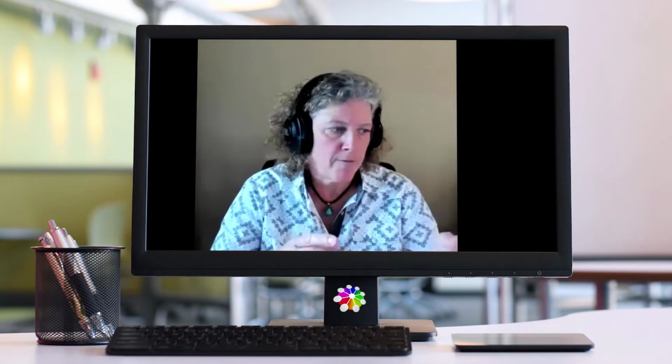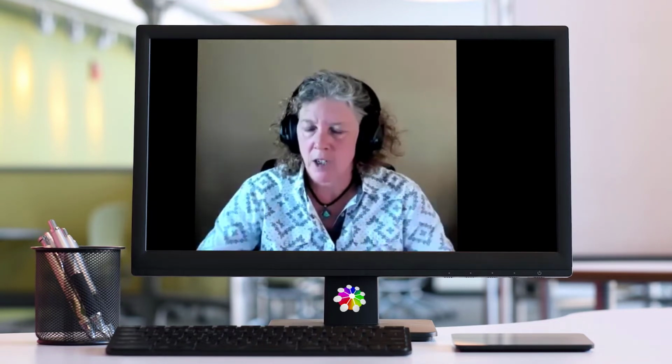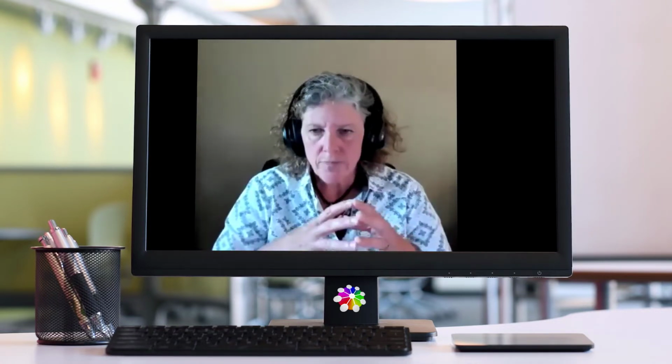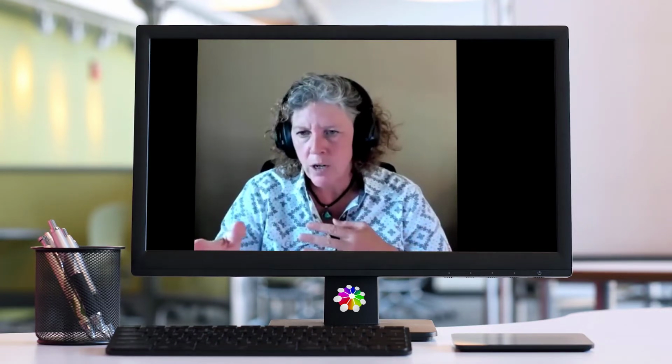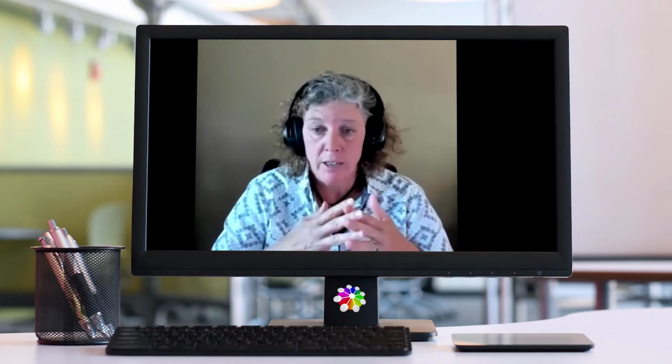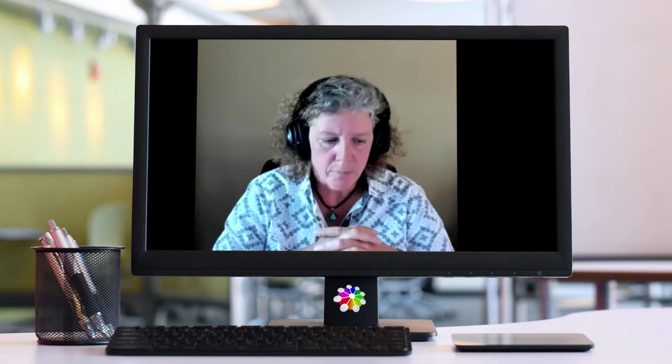Whereas I may be tracking something and it's a large visual field. So optokinetic stimulation, a little bit different than VOR, however closely related.